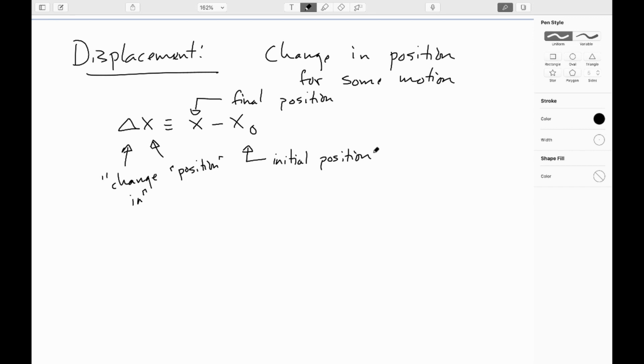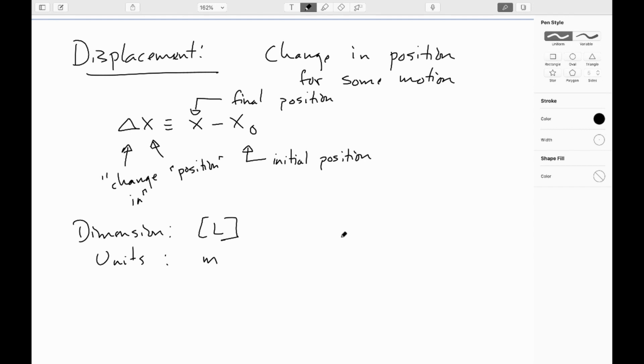So our displacement is the change in position for some motion, and it's defined to be the object's final position minus its initial position. So its dimension is going to be dimensions of length, because all of these have dimensions of length. And typical units, if we're doing SI units, it would be meters or centimeters or whatever.